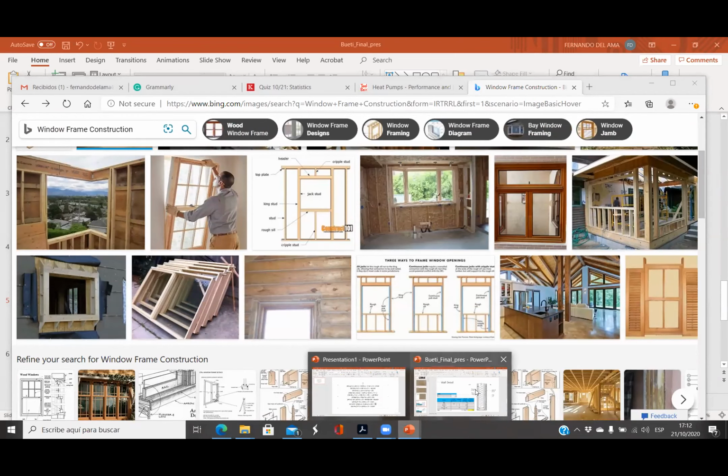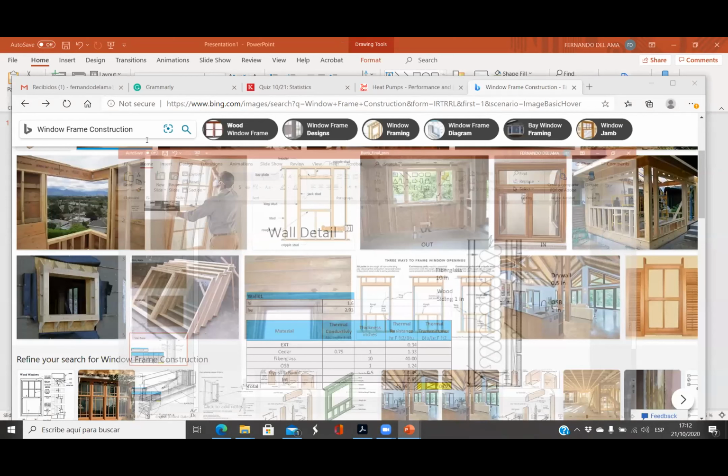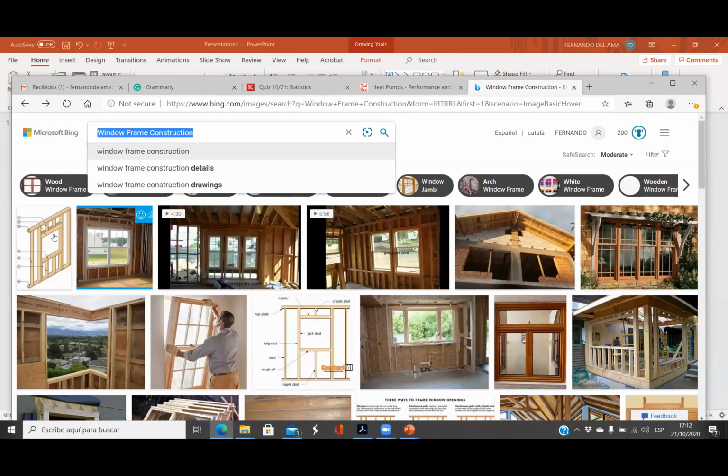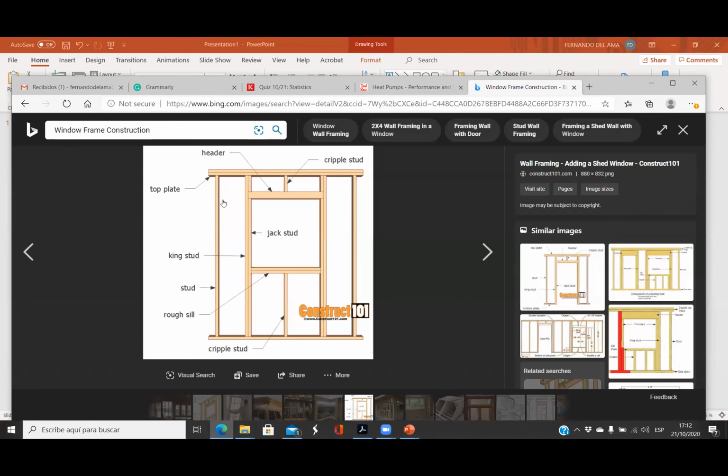What we are looking at in this, so this is one of the horizontal elements. Vertical elements are studs. Yeah, there you go. Okay, so the vertical elements are studs. And the horizontal elements, they can be sills if they are related to a window.